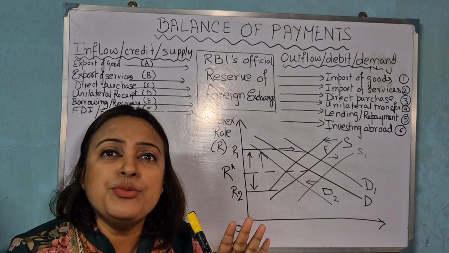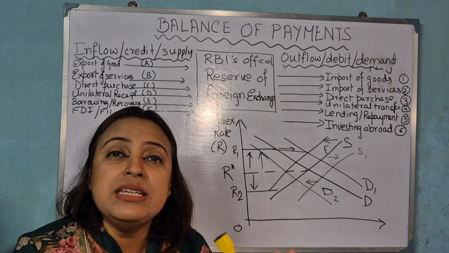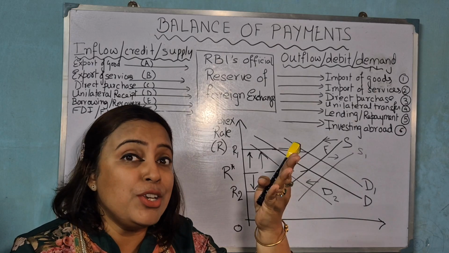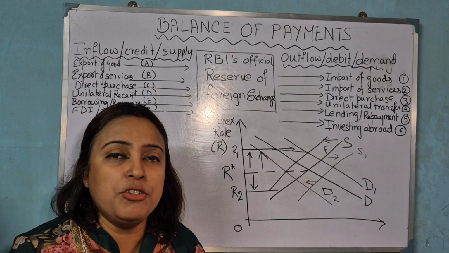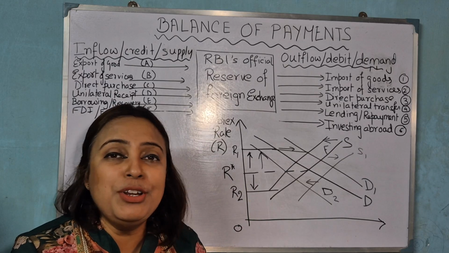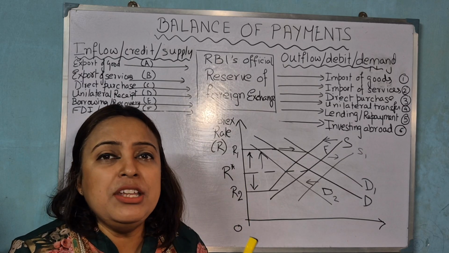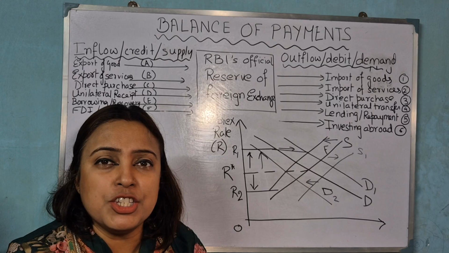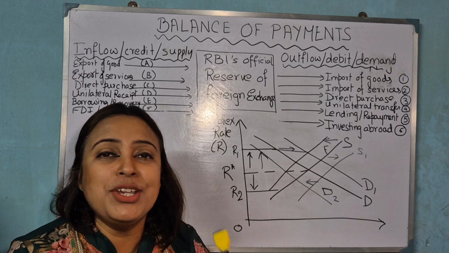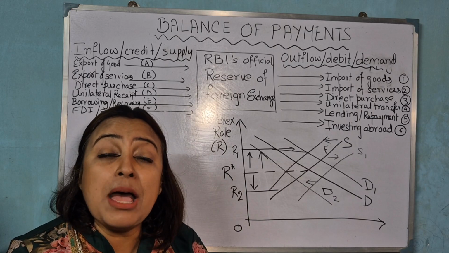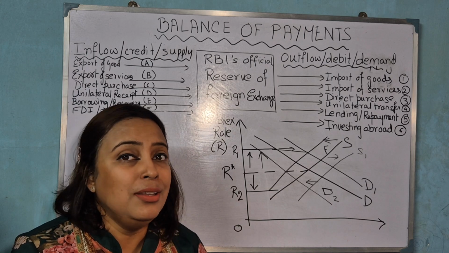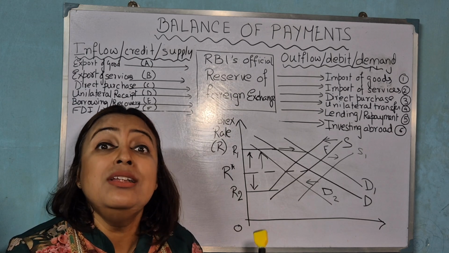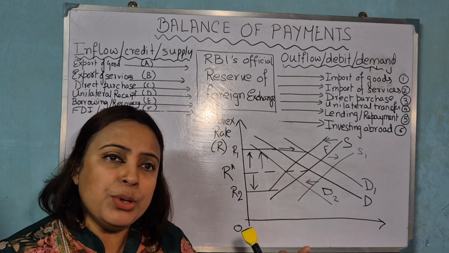So anything that causes an increase in the demand for foreign exchange, the rate will rise. Or if anything is causing a decrease in demand for foreign exchange, the rate will fall. If anything is happening which increases the supply of foreign exchange, then foreign exchange rate will fall. If anything decreases the supply of foreign exchange in the country, then obviously foreign exchange rate will rise. I'm giving you another example.